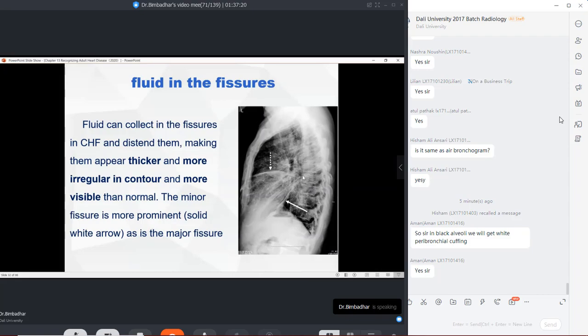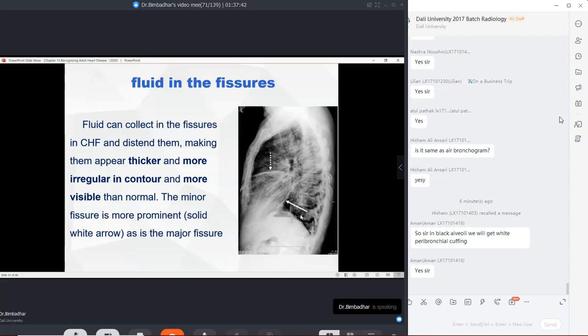Starting from here, it will slowly settle down in the costophrenic recesses. Got it? So that is the reason why, if there is fluid in the fissures, the doctor is going to expect that the patient is also going to develop a pleural effusion.